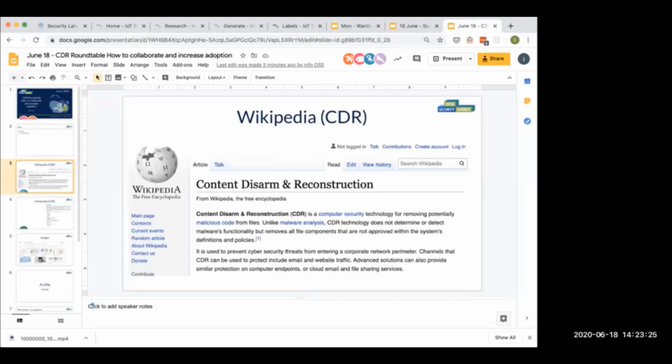That's where I see the value in what CDR does. I think something along that in plain English would probably be more meaningful than potentially removing malicious code. Yes, that's true, but that's not the objective. The objective is to provide a clean, benign, disarmed file.